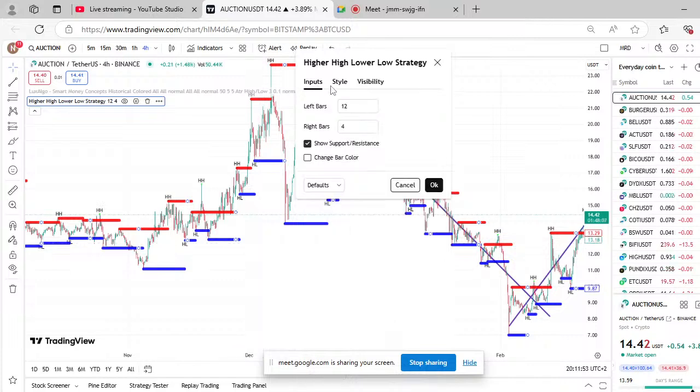Are we together? So here, I can increase 4 to 5 to make them longer.